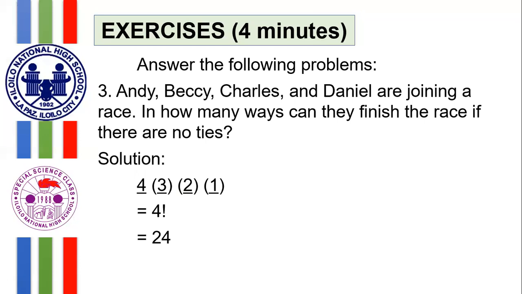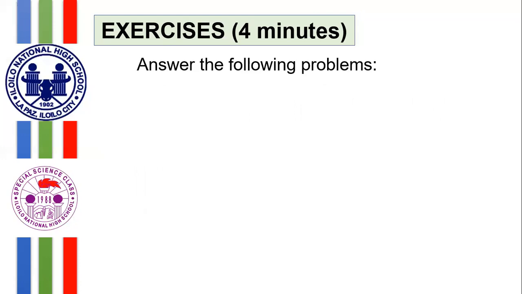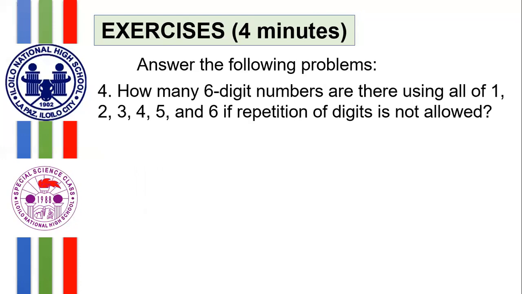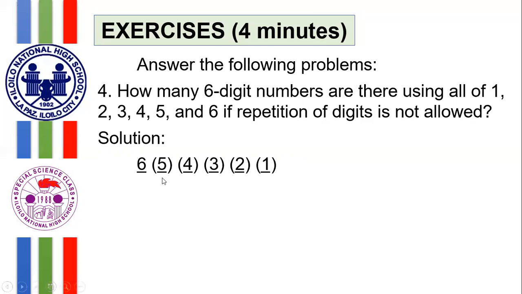And lastly, number 4, how many 6-digit numbers are there using all of 1, 2, 3, 4, 5, and 6 if repetition of digits is not allowed? From here, using the same reasoning, you will have the product of 6 times 5 times 4 times 3 times 2 times 1, because 6 choices for the 100,000 place.